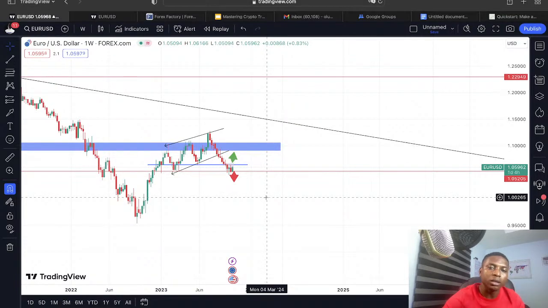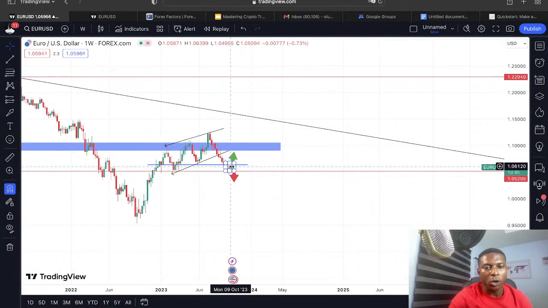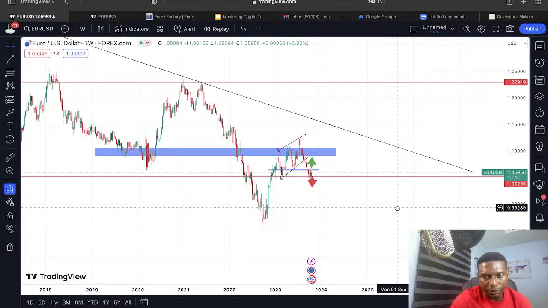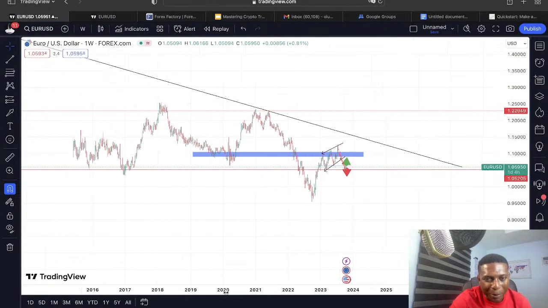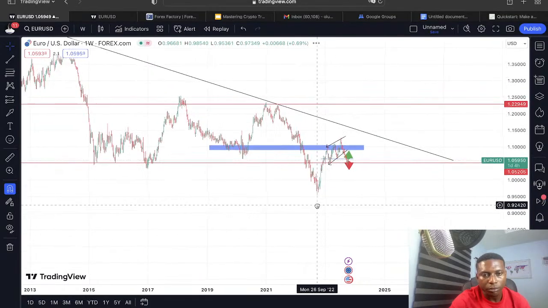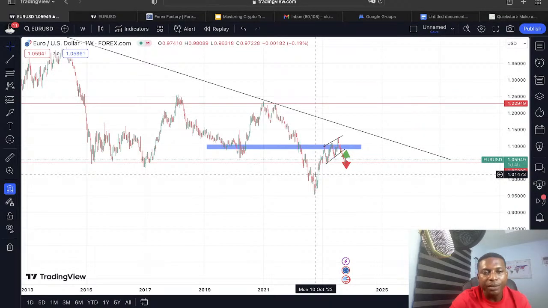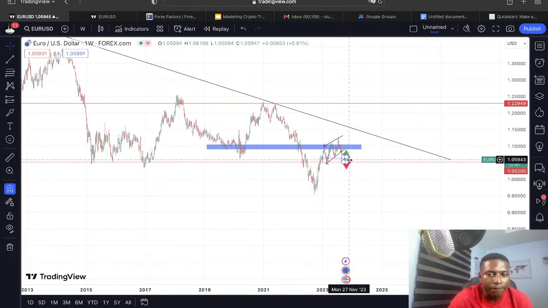For every intraday trader, you want to sell, because when you look at the overview of the market, it's giving you the bearish momentum. You can always short from here, or you wait for a breakout of this level.